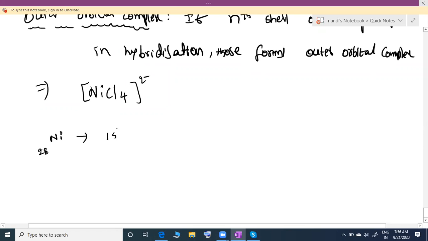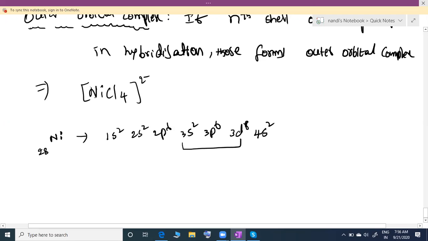You can write either the full form or the shortcut, it doesn't matter. 1s2, 2s2, 2p6, 3s2, 3p6, and then 3d8, 4s2. You can write 4s2 first, then followed by 3d8. It doesn't matter here. I am writing all the shells, the third shell together, then followed by the fourth shell. Otherwise, you can write 4s2, 3d8 also. Both are correct.